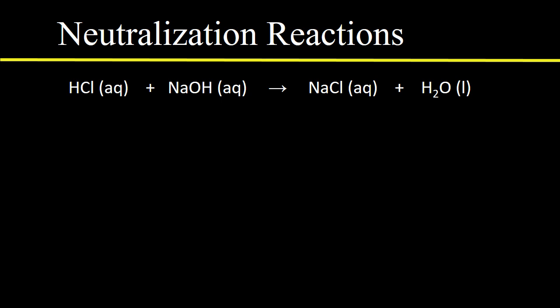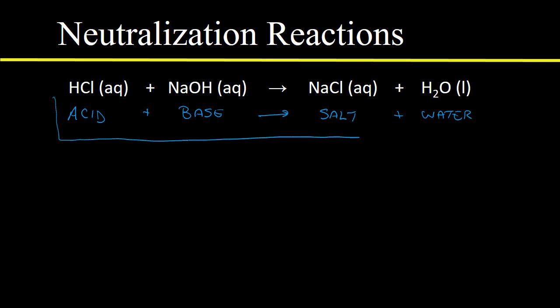But for acid-base reactions, the pattern is always this: an acid reacts with a base, and that gives you a salt and water. I'm just going to put a box around that first because this is important, and that's something that you should know. Acid plus base gives you salt plus water.